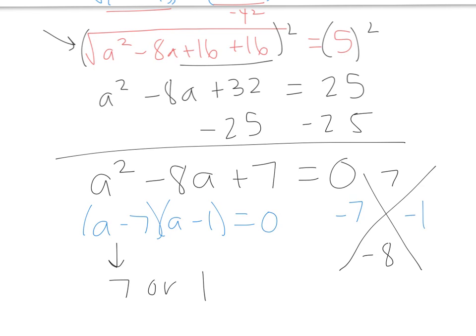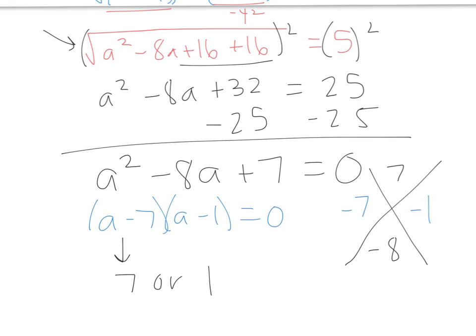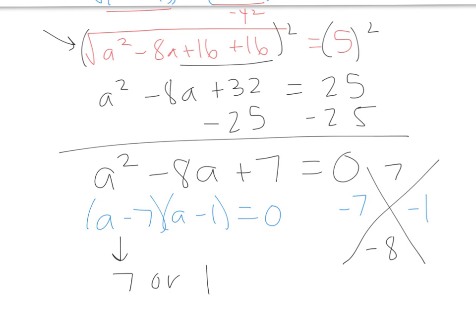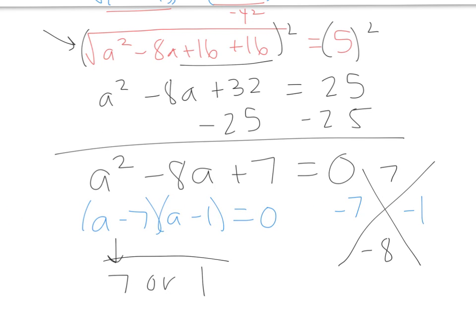And I could use 7 or 1 because, again, this was an ordered pair. So to figure out that missing coordinate, 7 or 1 would be able to fill that missing spot for that half of the coordinate for a.